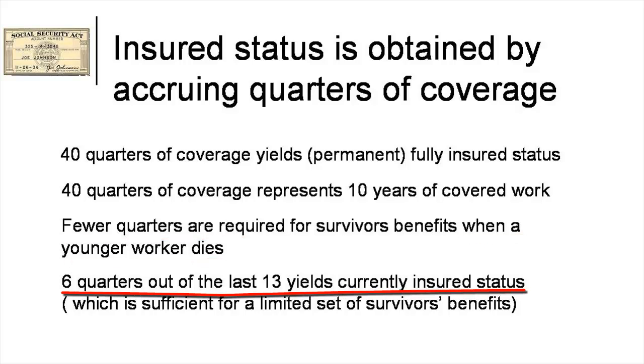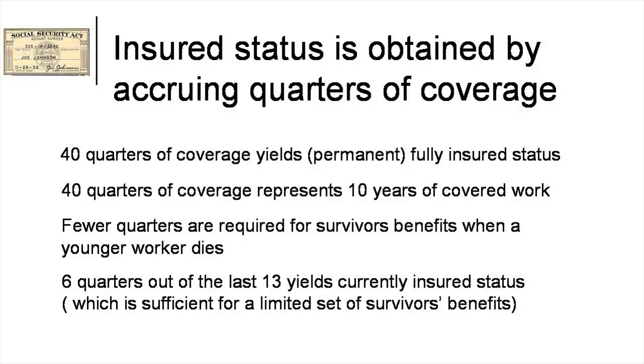Currently insured status is based on recent work in covered employment rather than a long period. A worker with 6 quarters of coverage out of the last 13 prior to the point at which eligibility is being determined is currently insured. In short, enough covered work spread over the past 3 years will give rise to currently insured status.